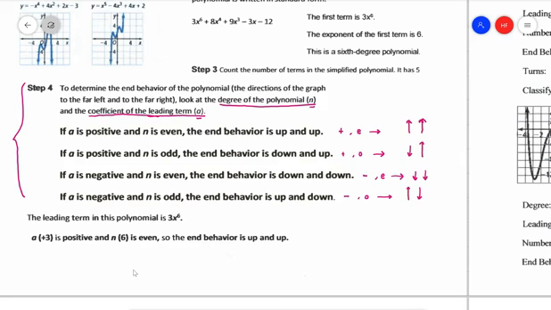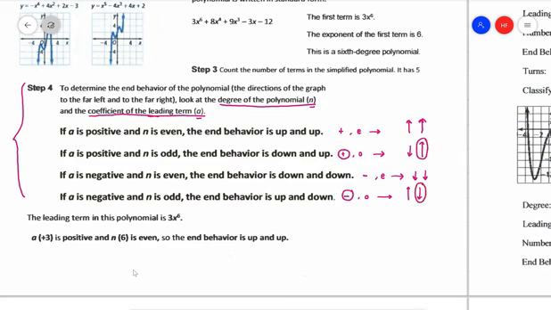So what do we notice? Whenever it is even, the two arrows are facing in the same direction. So an even graph is going to be up, up, or down, down. And that's the degree. So if the degree is even, we're going to have matching arrows. And then the last arrow is determined by positive or negative for odd graphs.